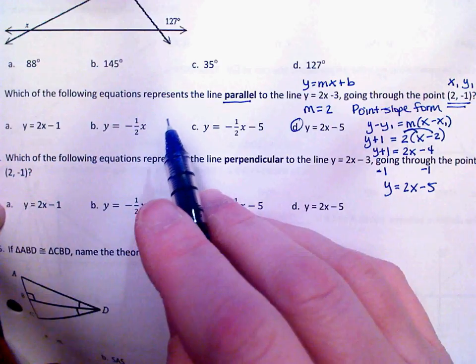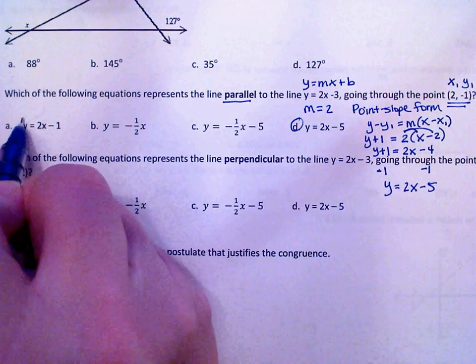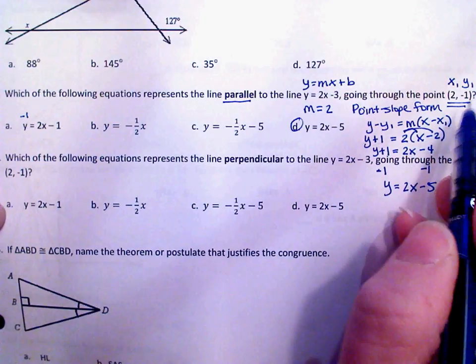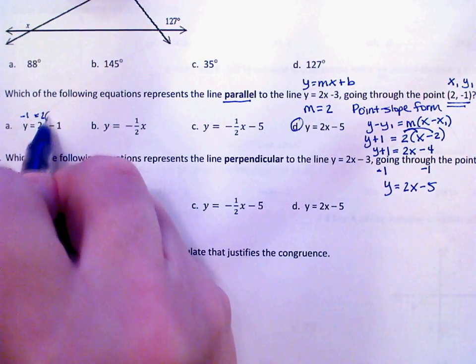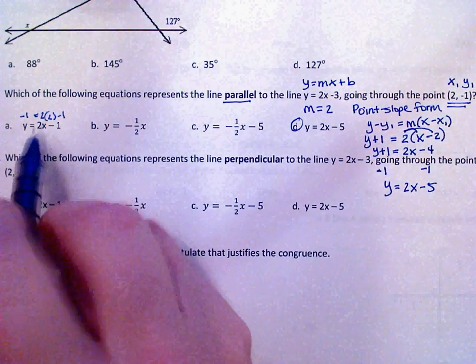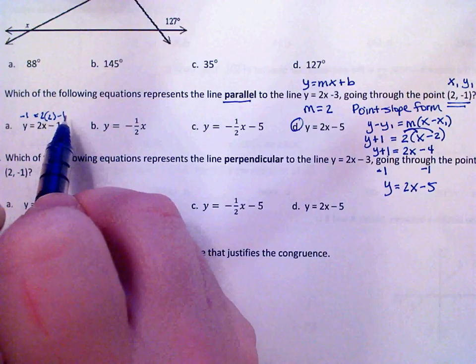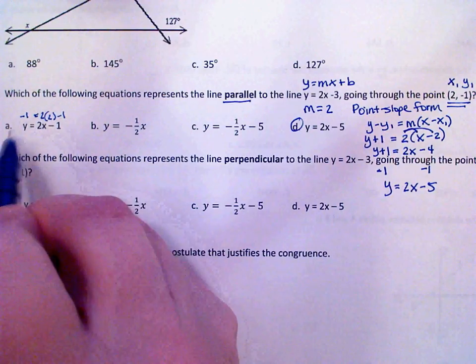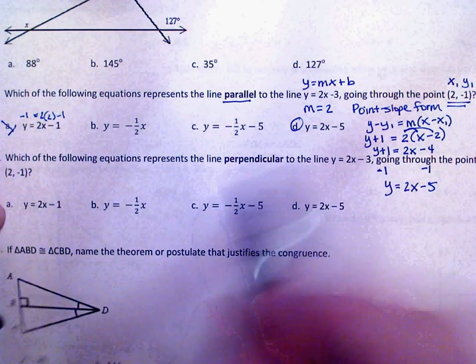On choice A, if I put in negative 1 for y, because that's the y of my point, and I put in the 2 for the x, since that's the x coordinate, I don't get a true equation here, because 2 times 2 is 4, minus 1 is 3, and negative 1 is not equal to 3.